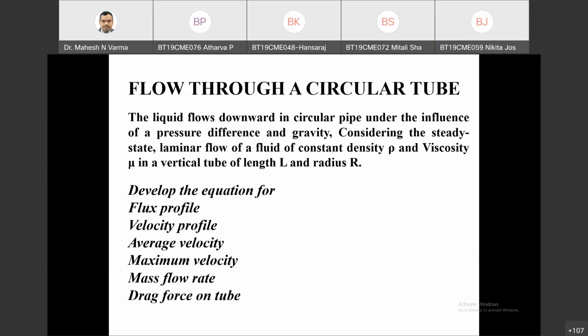How many possible origins are there for this problem? In the cylindrical coordinate system, how many possible origins are there? Sir, two. Very good. There are only two possible origins; here you will not get 8 origins. Either the start center point or the end center point.